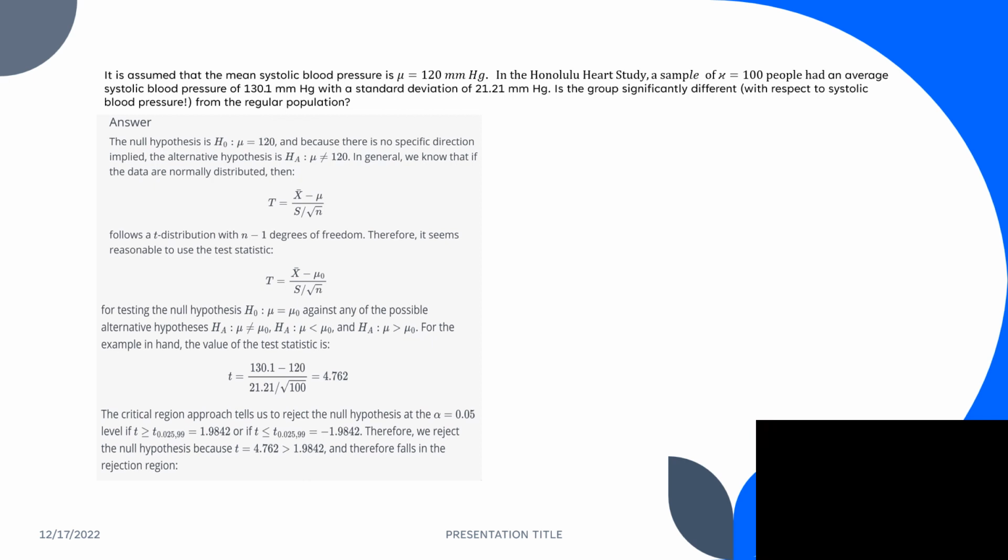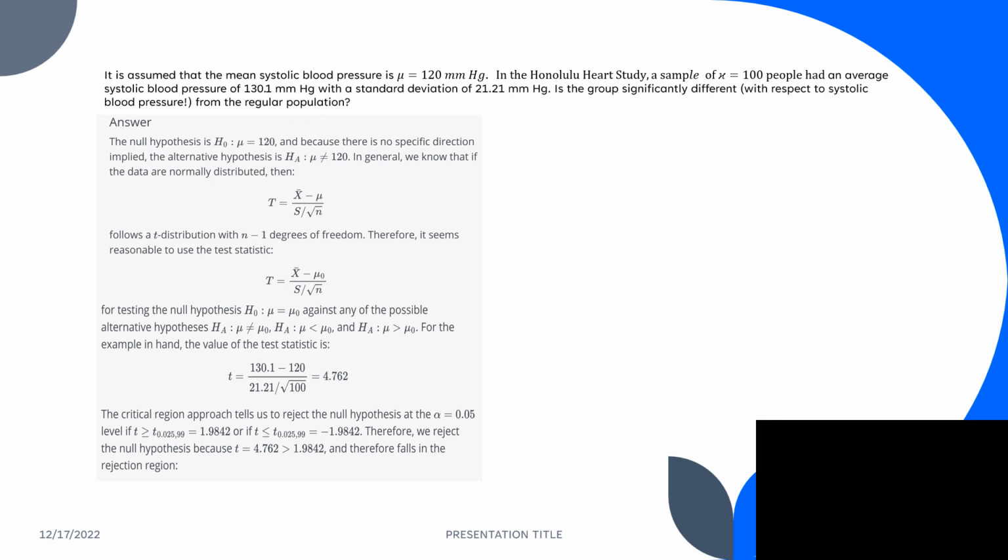For the example in hand, the value of the test statistic is t equals 130.1 minus 120 over 21.21 over root of 100, and the answer is 4.762.